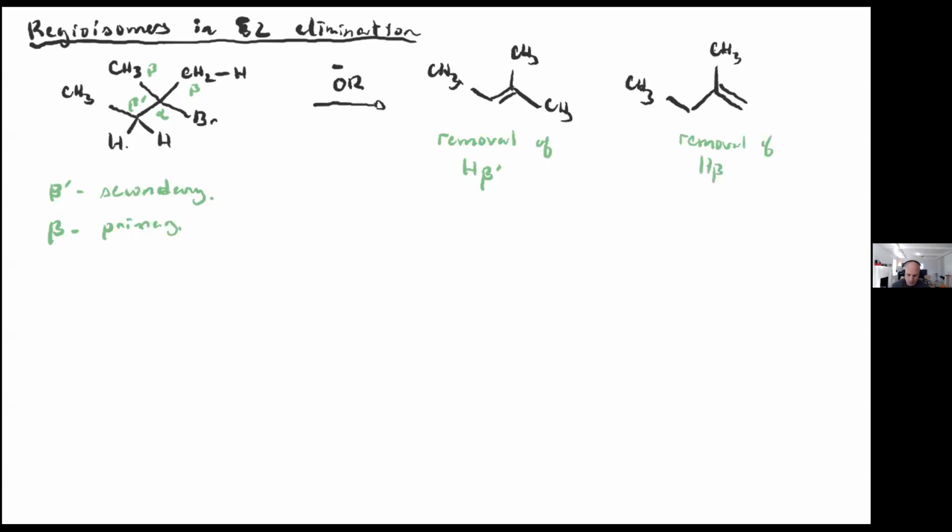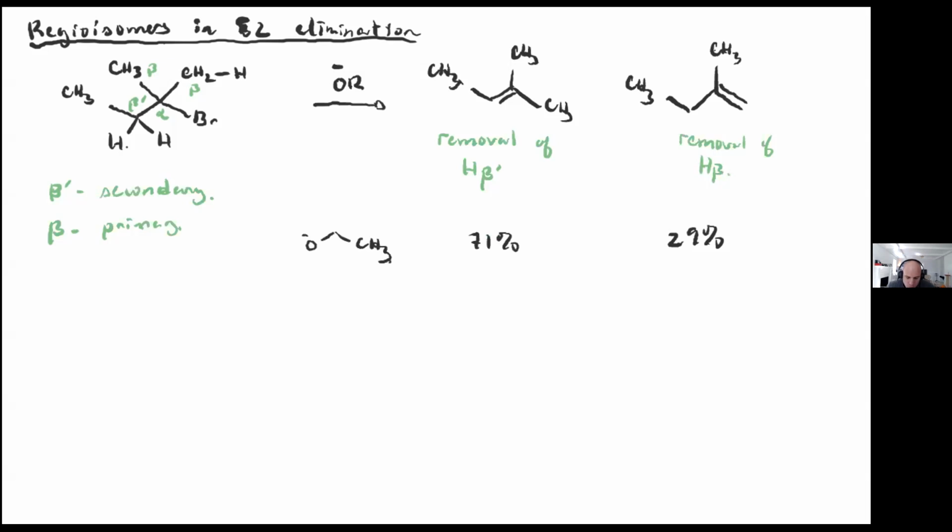Okay. Is everyone with me? And so if my base is reasonably small, say it's ethoxide, removal of H beta prime is going to be favored. So I'm going to get the more substituted alkene, and I get about a 2-to-1 ratio with the less substituted alkene.